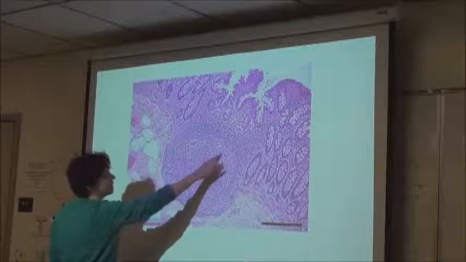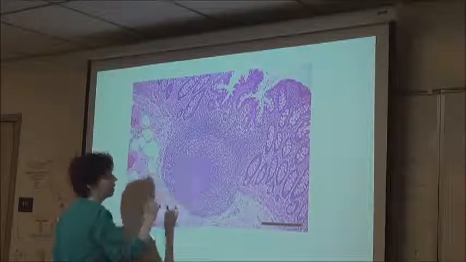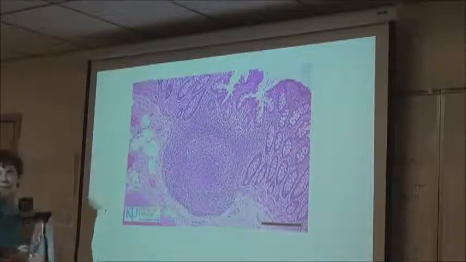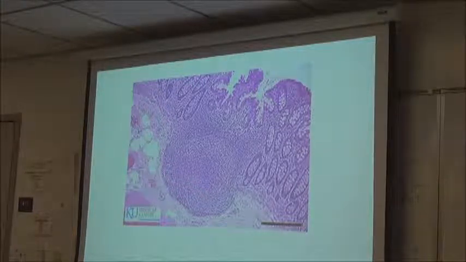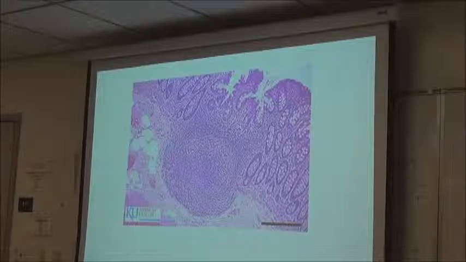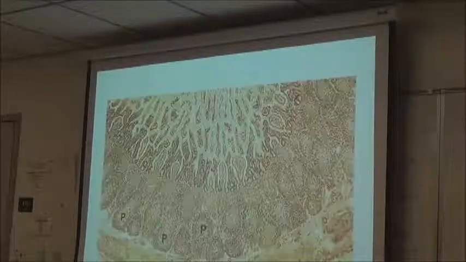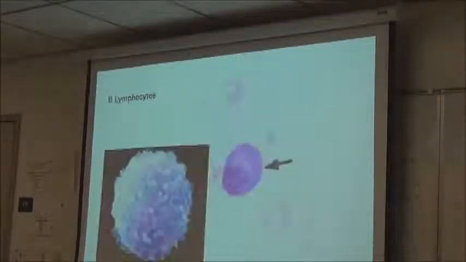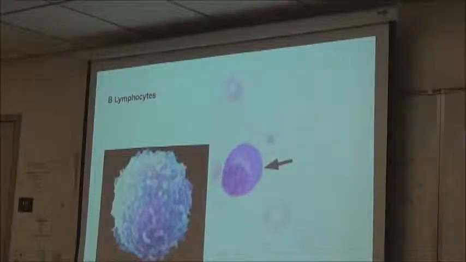And that's because there's more white areas around the nuclei than there are out here. That happens when B lymphocytes are activated to become plasma cells. So if we look back at this slide at a plasma cell, notice how much more cytoplasm it has than a typical inactive lymphocyte. So that's going to make the cell lighter.